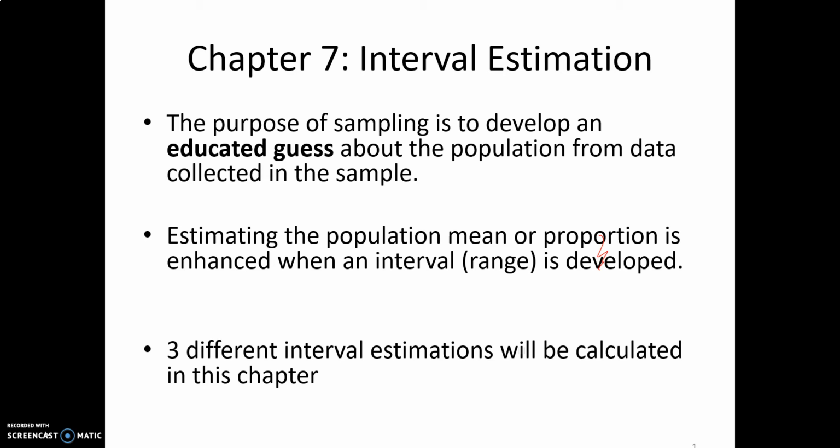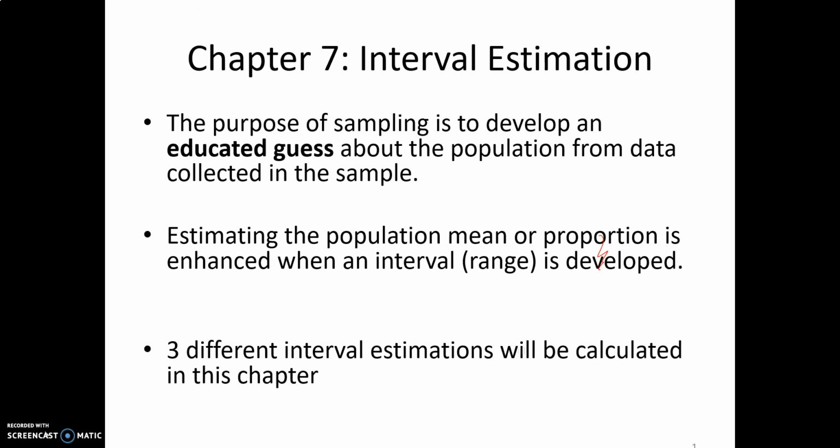Estimating the population average or proportion is enhanced when we include a range or an interval. There are three different interval estimations that we will be doing in this chapter.